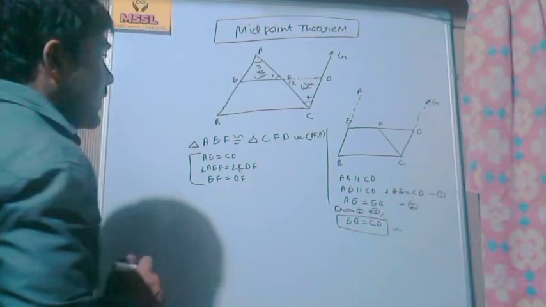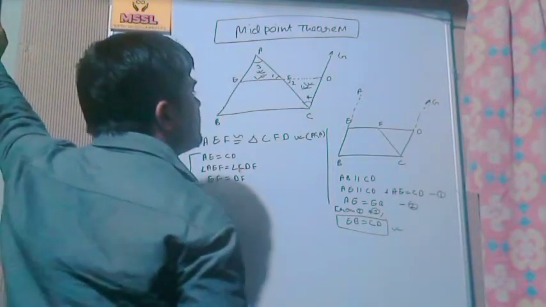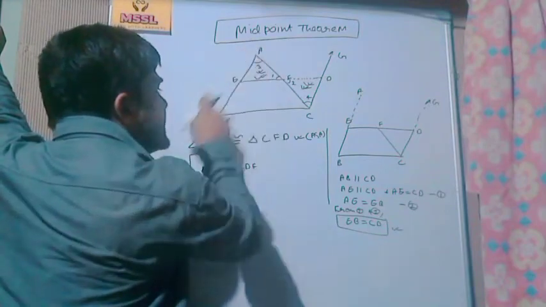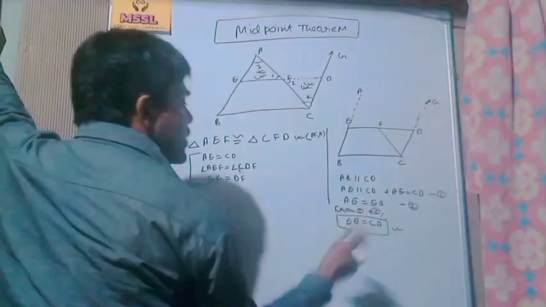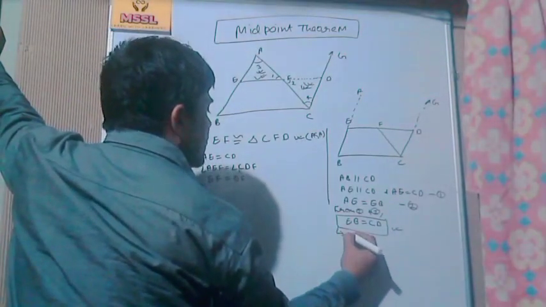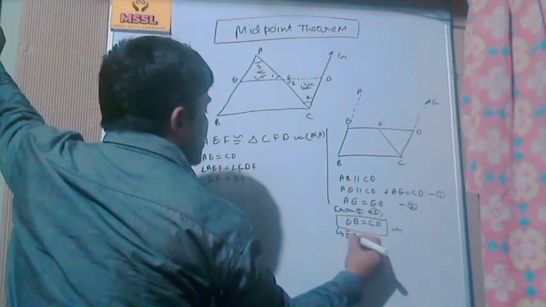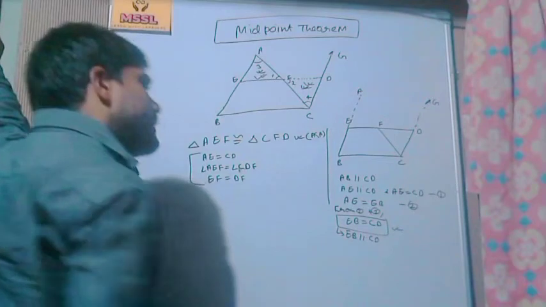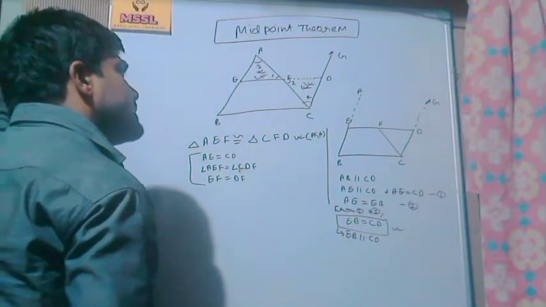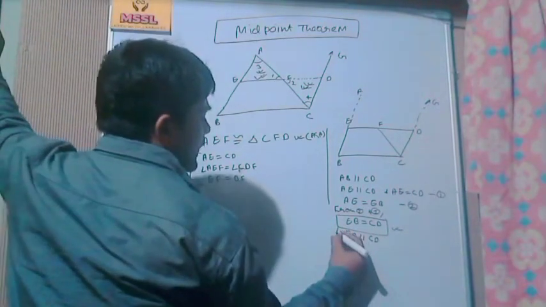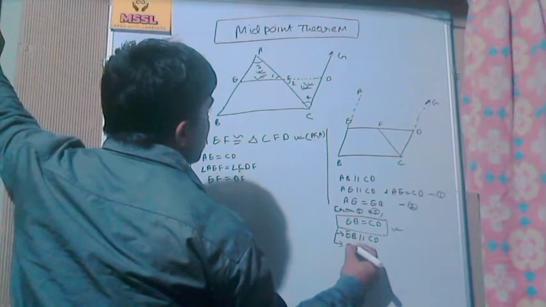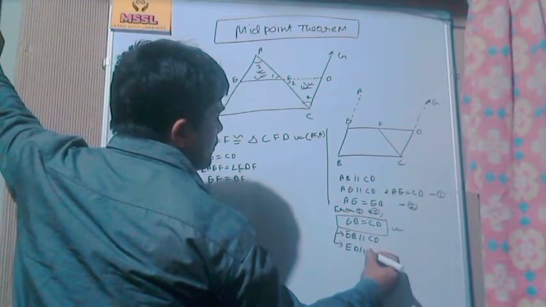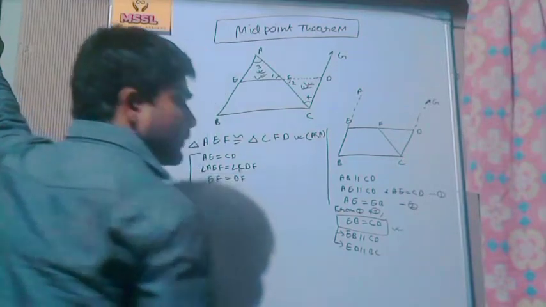Since we know that AB is parallel to GC, we can also write EB parallel to CD, right? And similarly, we can also write ED parallel to BC.